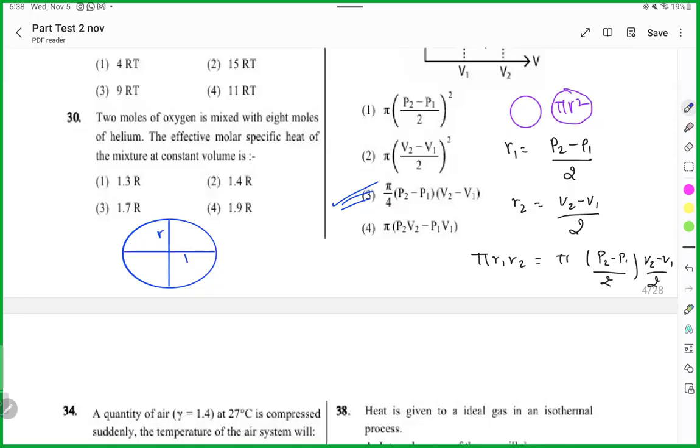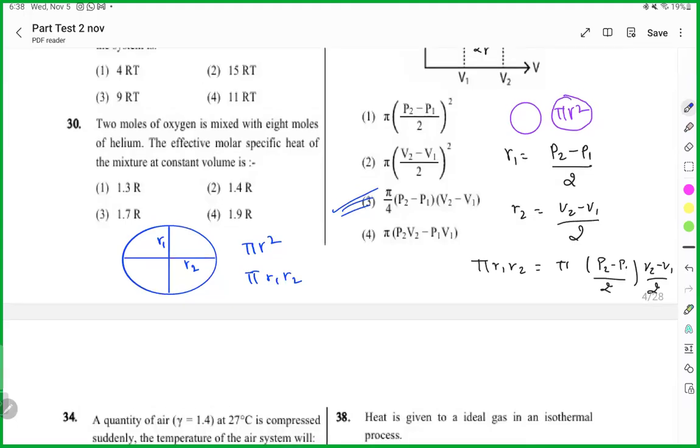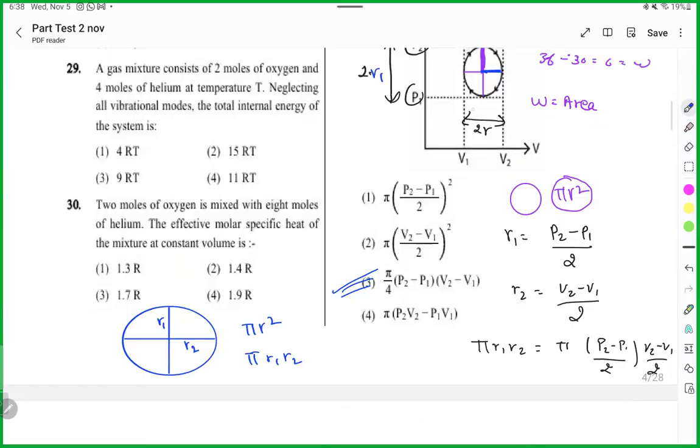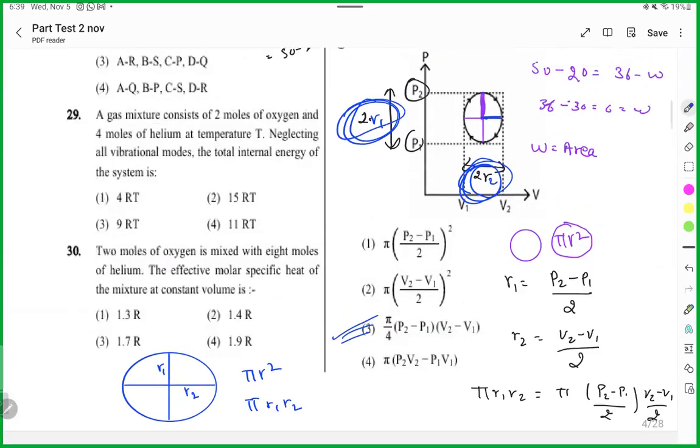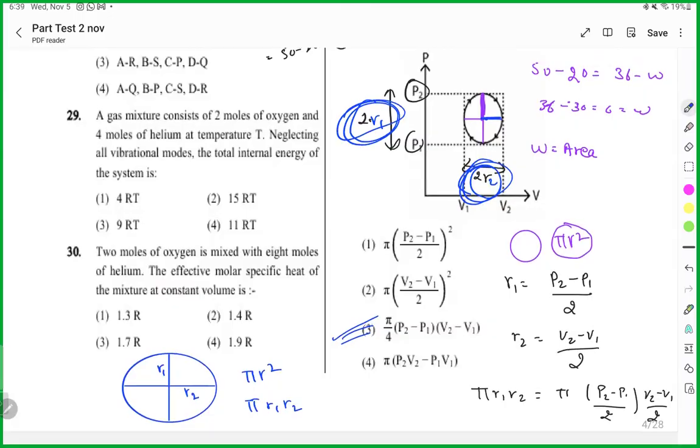That's why R1 R2 is same, and we write formula pi r square. But if these values are different, then what will you do? Pi R1 R2. Got it? Now you have to calculate R1 R2 value. So this will be 2R1, this will be 2R2, these two. Take half of their value. Get the answer. Got it?